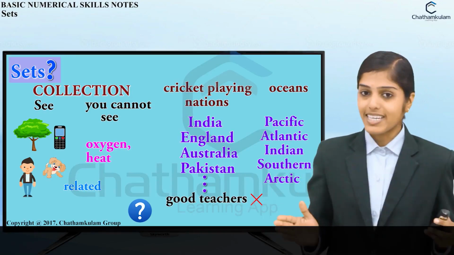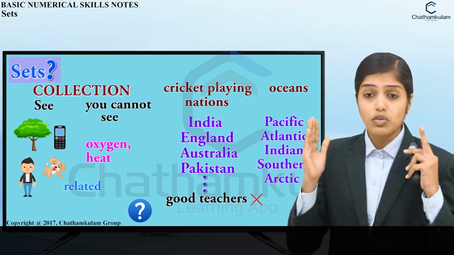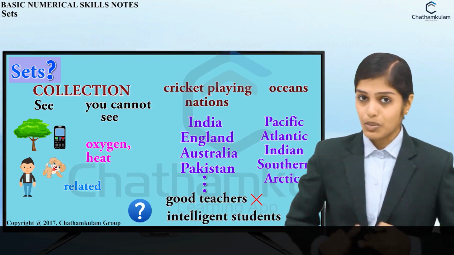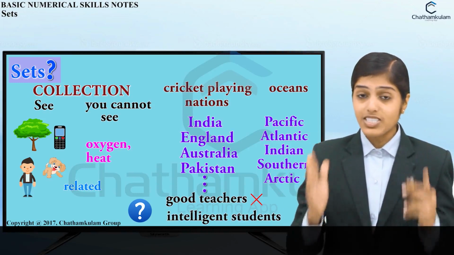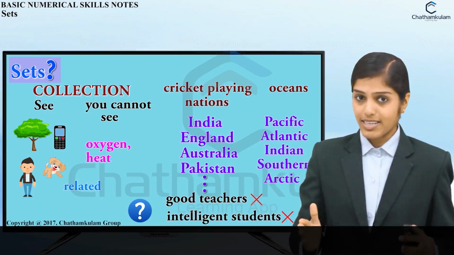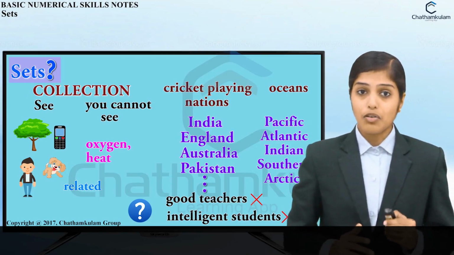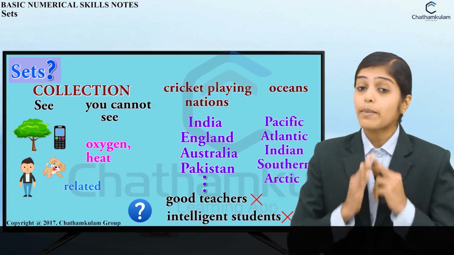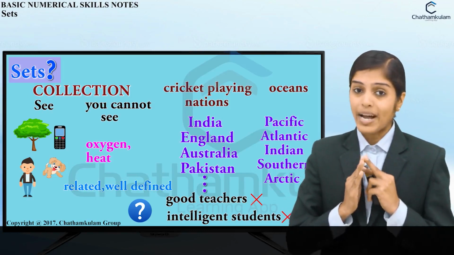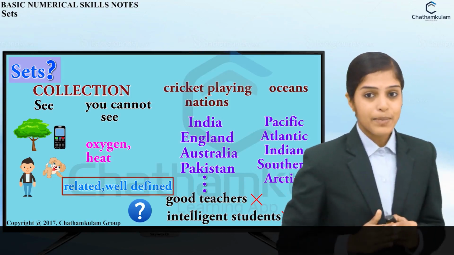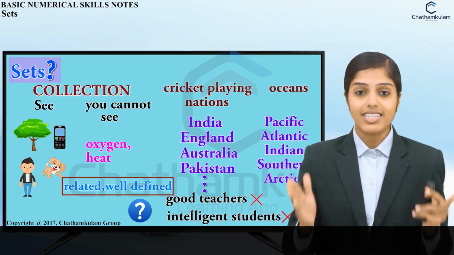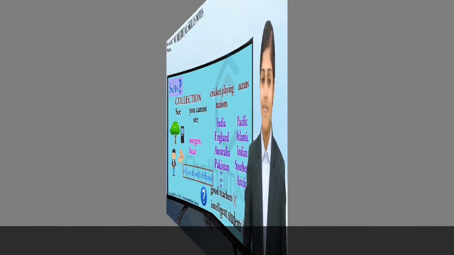Similarly, we cannot make a list of the intelligent students that we know, so the word intelligent is not well defined. So remember guys, another important characteristic of a set is that the elements in it should be well defined. All the elements in the set should be related and well defined.